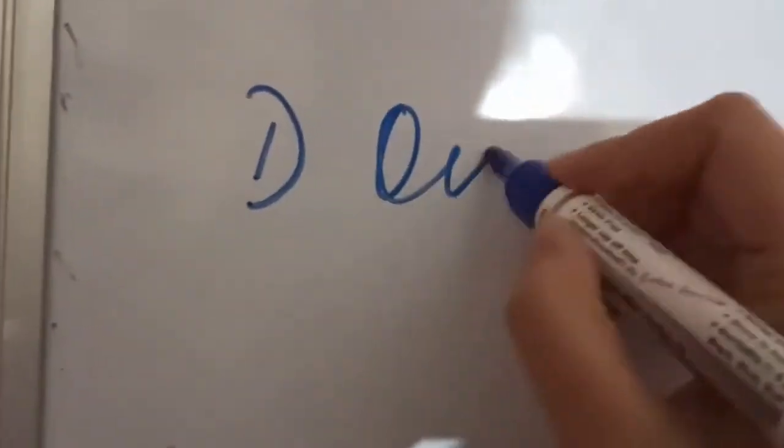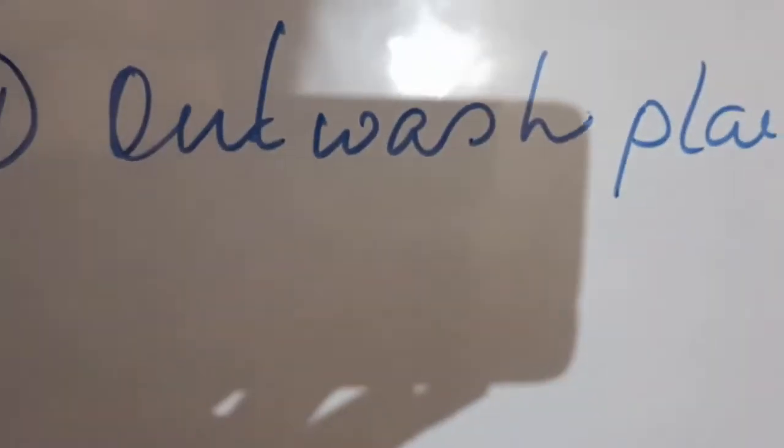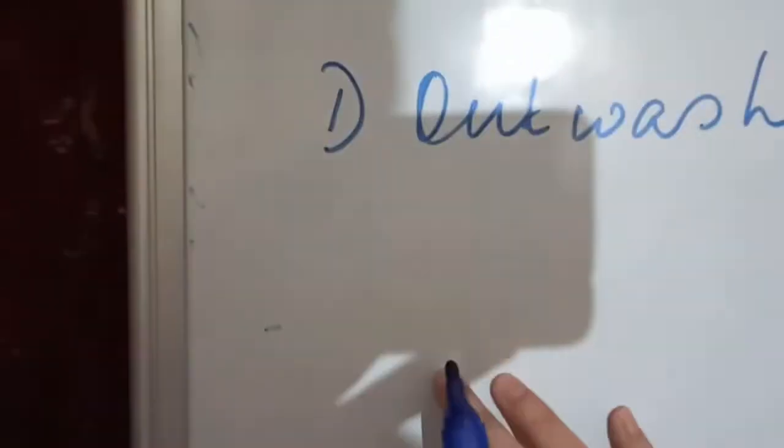Okay, so the first glacial fluvial feature that we have is an outwash plain. So what's an outwash plain? An outwash plain is formed when, for example, this is a mountainous region.